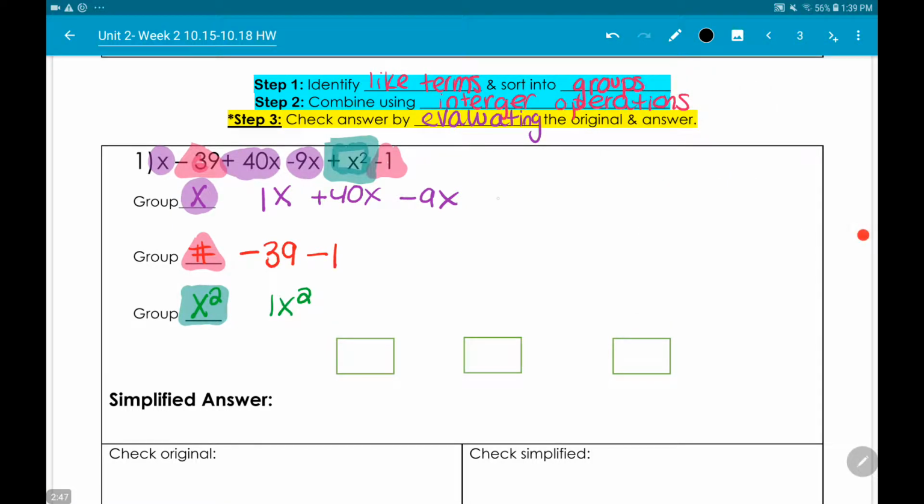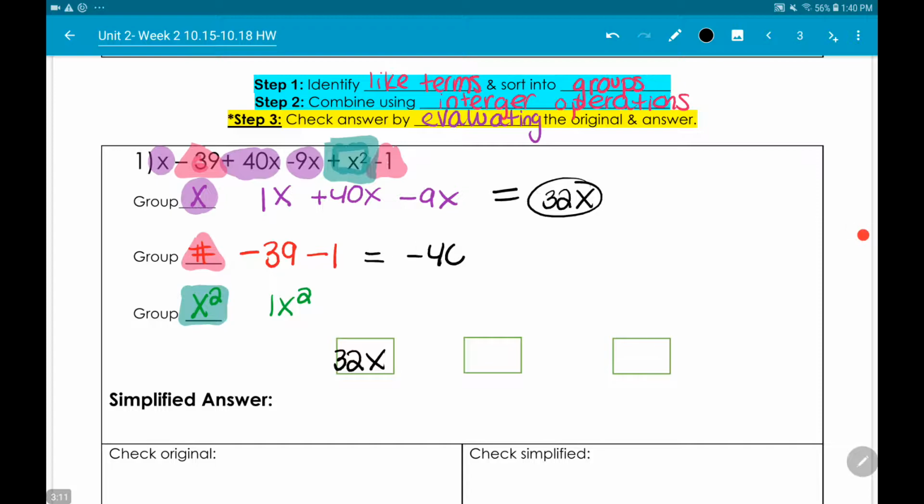All right, so now we're going to go ahead and simplify using my calculator. So I get 32, and I need to put that X because it was my X group.